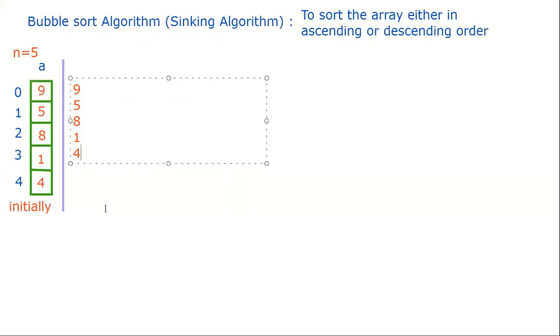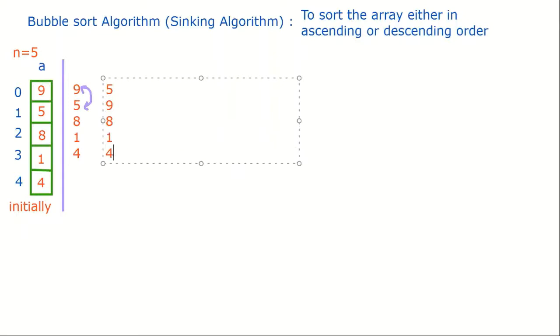Initially, the comparison happens with the first two elements of the array, 9 and 5. As it's clear that 9 is larger than the next element 5, it has to be swapped. So 5 bubbles up, 9 goes to the next position. Rest of the array elements are pending for the comparison and swapping.